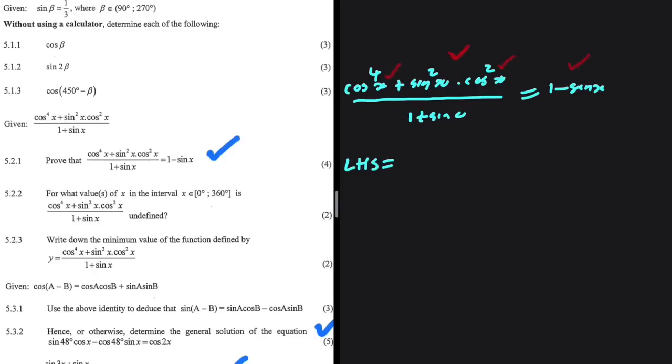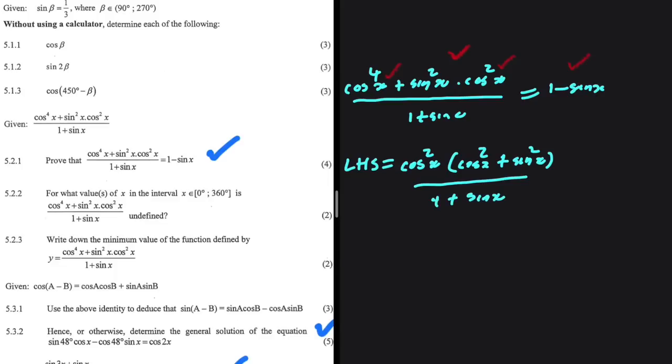If I do that, I'm going to have cos of x to the power 2, and then I'm going to be left with cos of x to the power 2, because cos of x to the power 2 multiplied by cos of x to the power 2 will give us cos of x, everything to the power 4. And then plus sine x squared. We're dividing everything by 1 plus sine of x.